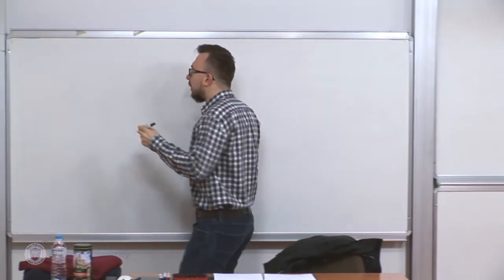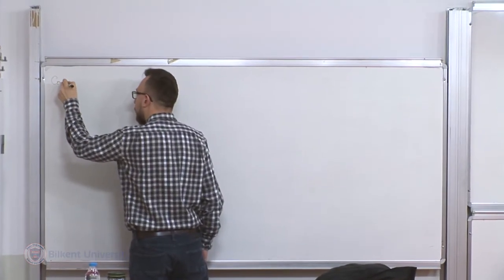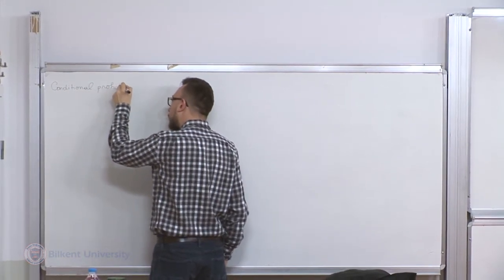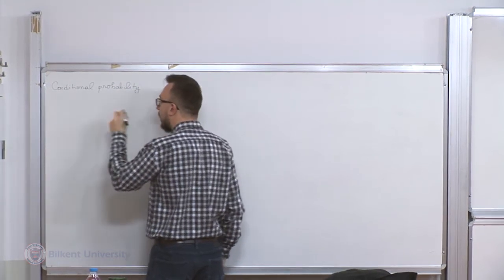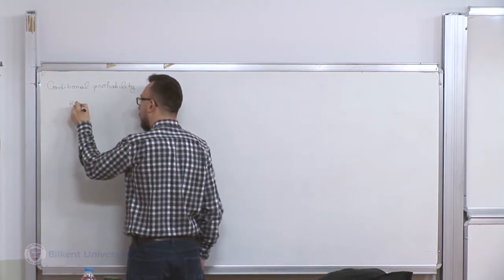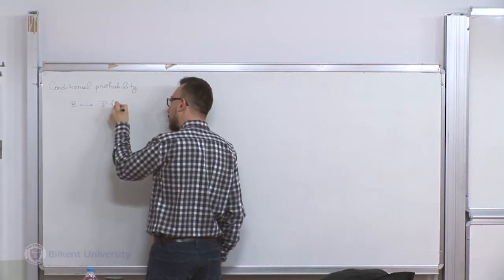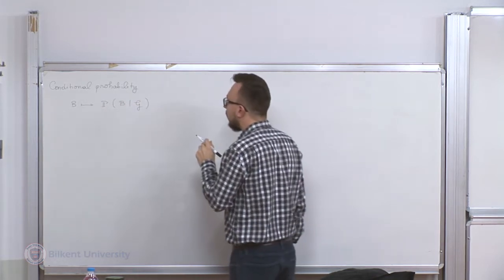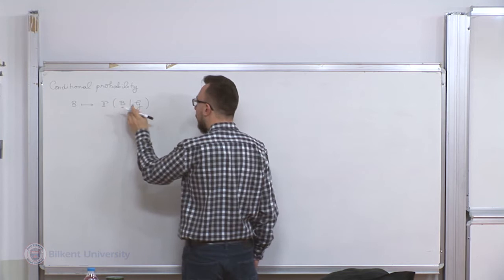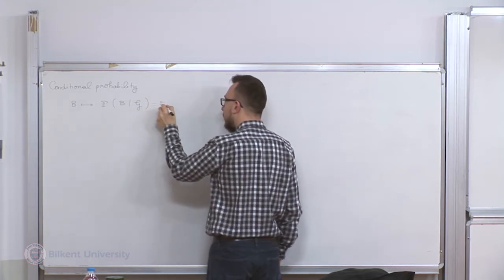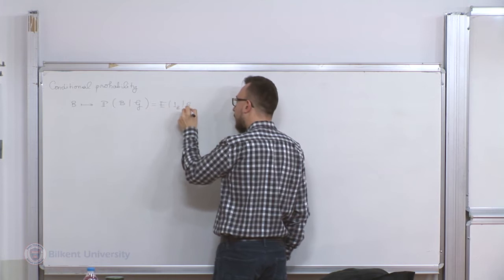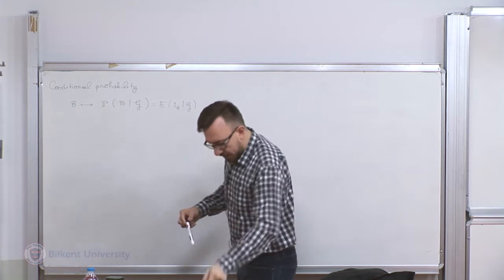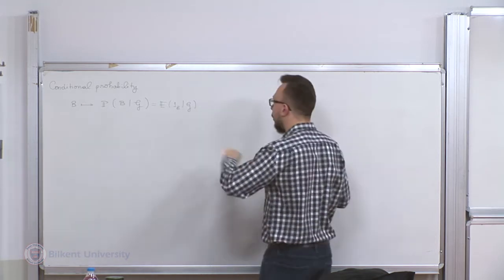So conditional probability is the object, this, right? Conditional probability of B given G. And this was defined as the conditional expectation of its indicator given G. Therefore, it is a random variable. So it is a function on omega as well.